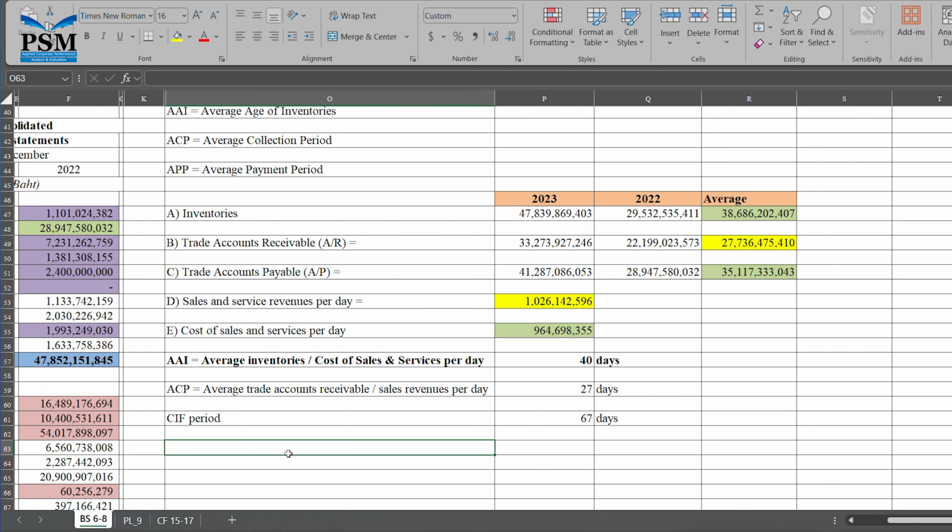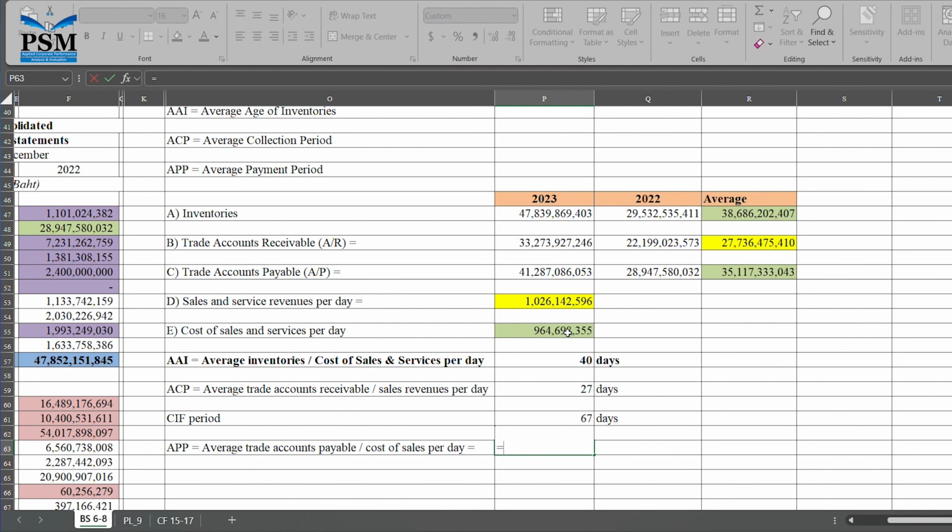67 days. Our last number is to calculate the APP on the payment side: average trade accounts payable divided by the cost of sales per day.